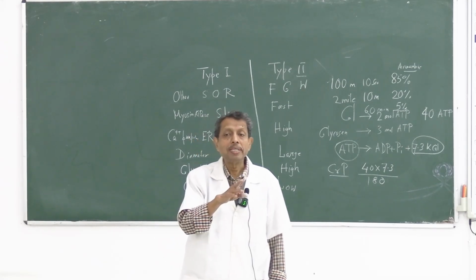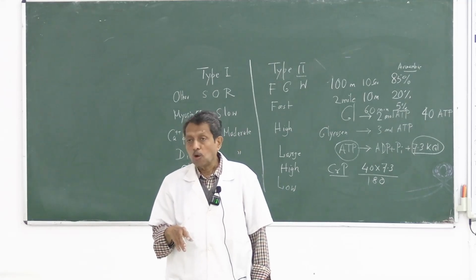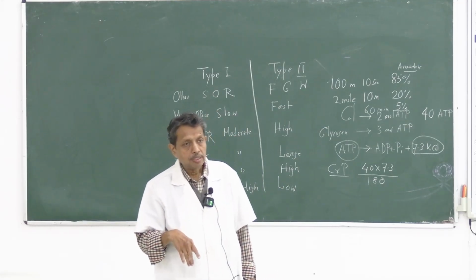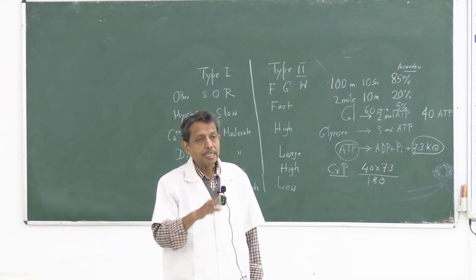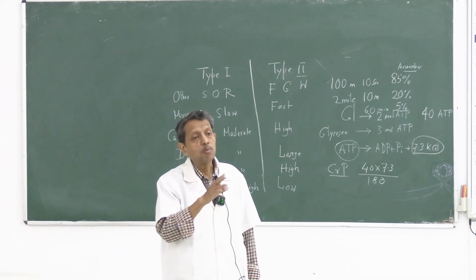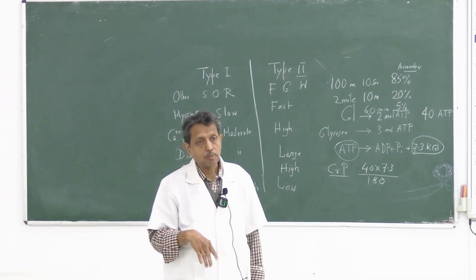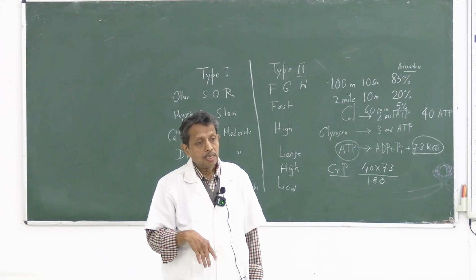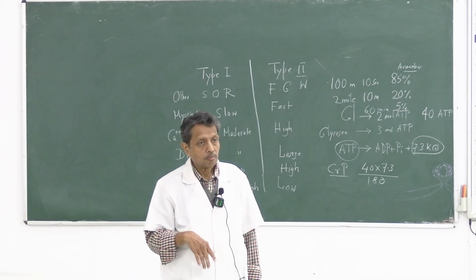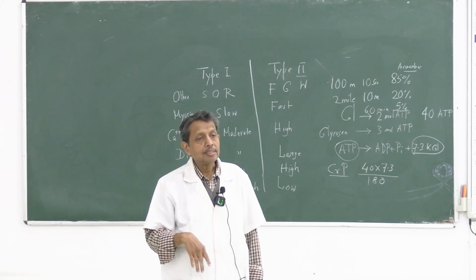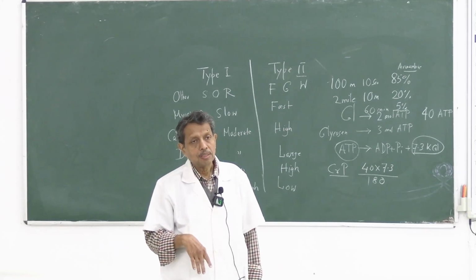Suppose palmitic acid, formula CH3(CH2)14COOH. It gives rise to much more energy than a mole of glucose. 140 ATP molecules can be produced by its oxidation. Beta oxidation initially, and then it is utilized for energy.